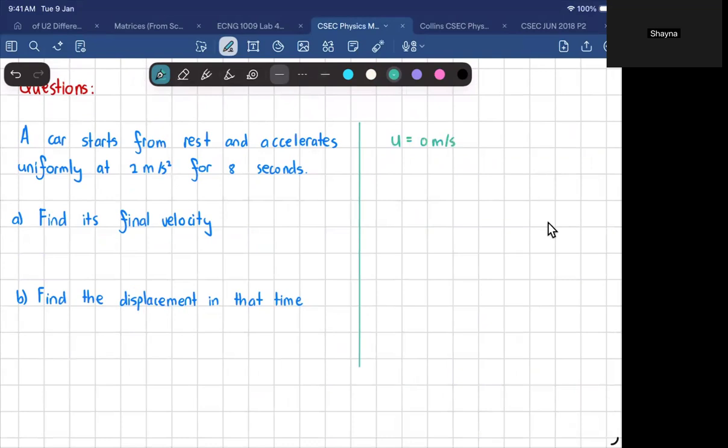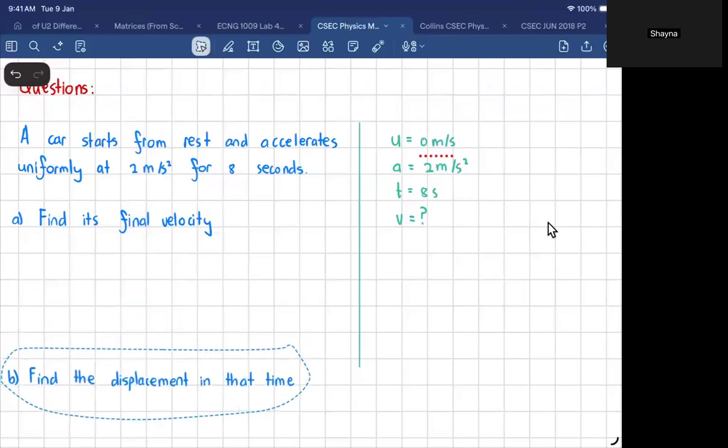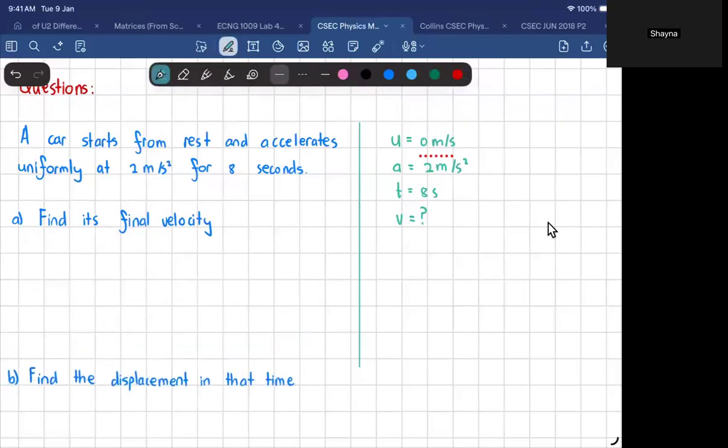So they're giving us u, they're giving us acceleration, they're giving us time, and they want us to find v. What formula to use? V equals U plus at. Right. You learn from your mistakes. Yes.